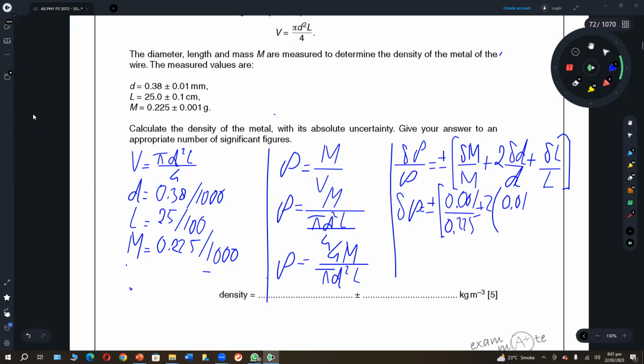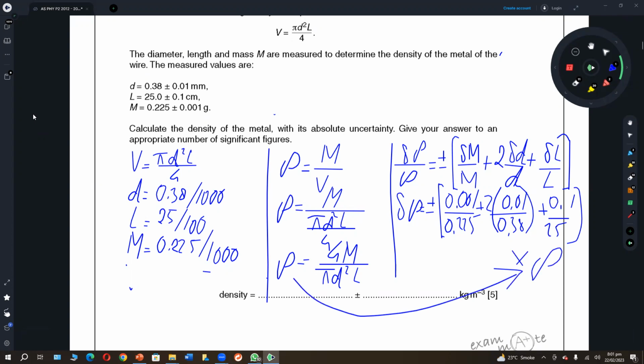Point 0.01. Try to complete this calculation quickly.